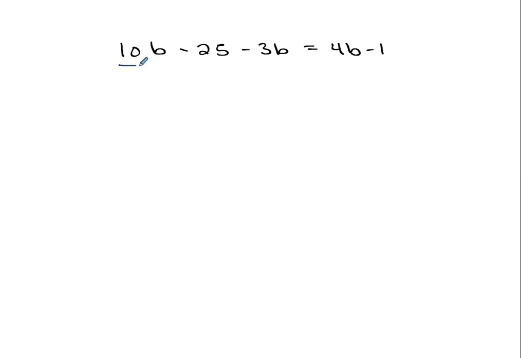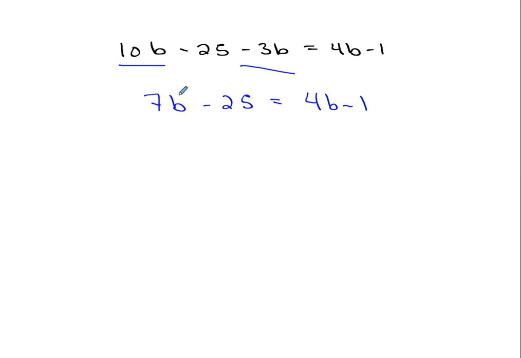I have a 10b and a minus 3b, which is 7b minus 25 equals, and in my right side, can I combine any like terms? 4b minus 1. Can't do anything there. So I'll get both sides to their simplest forms, then start moving stuff over.